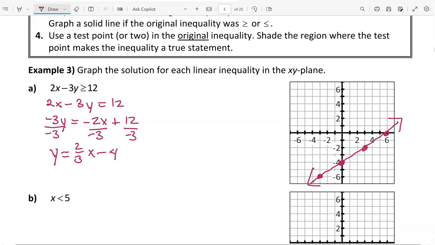The next thing that we need to do is determine which side of the line to shade. So we're going to test points in the original inequality. I'm going to test a point that is above the line, and a point above the line is 0, 0.